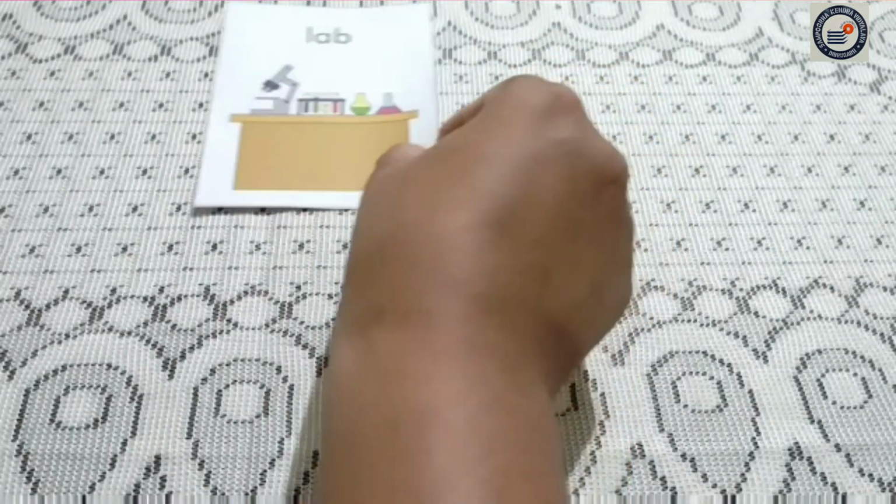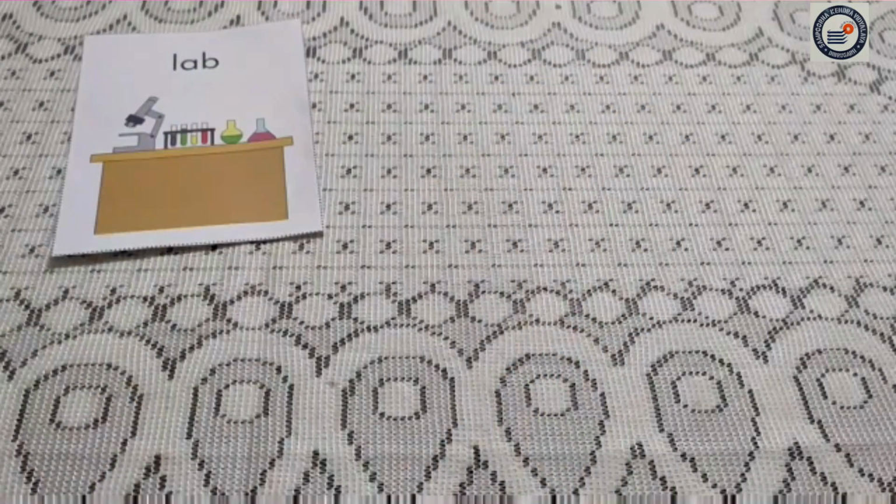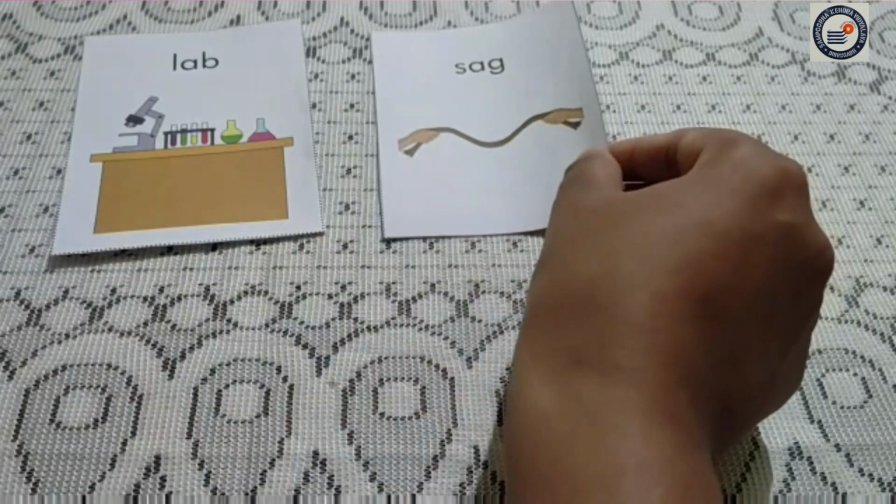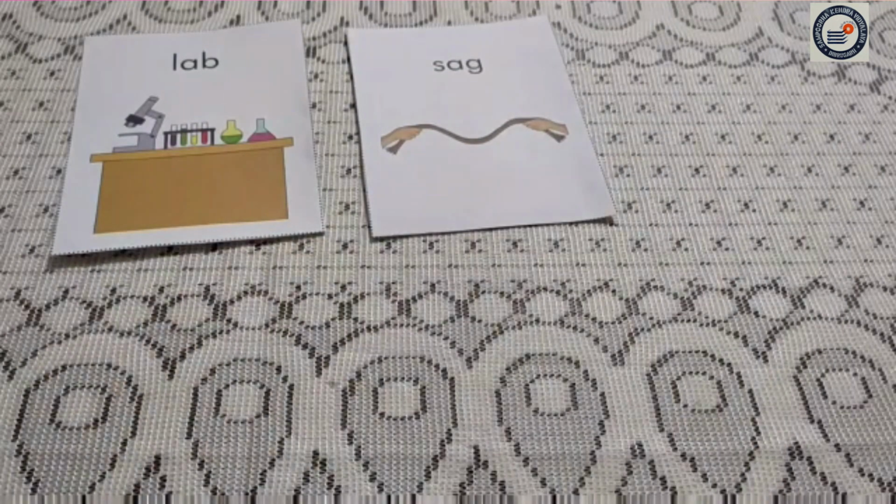Now I will arrange some pictures with the family words of the ab sound, ag sound and am sound. Okay, so now let us arrange. See, I have arranged this: lab. Did you all remember? This one is, can you tell me?